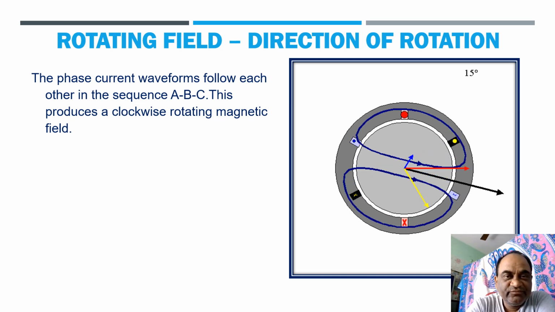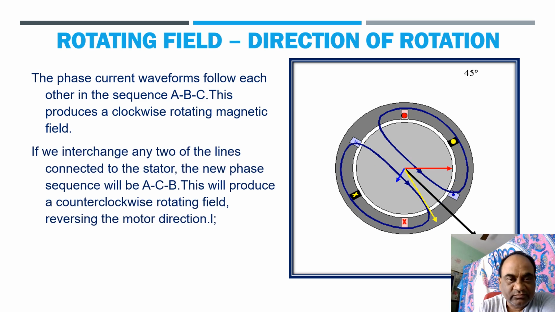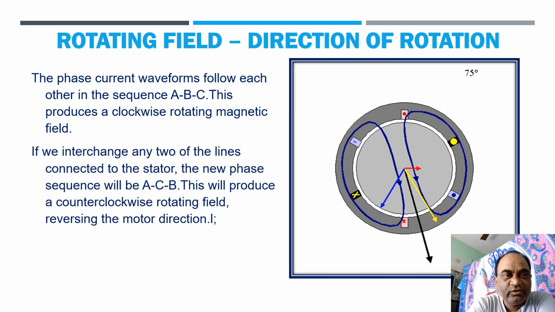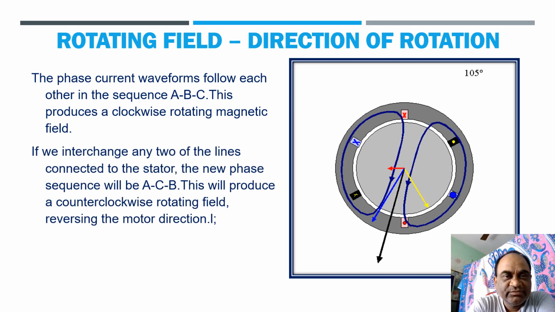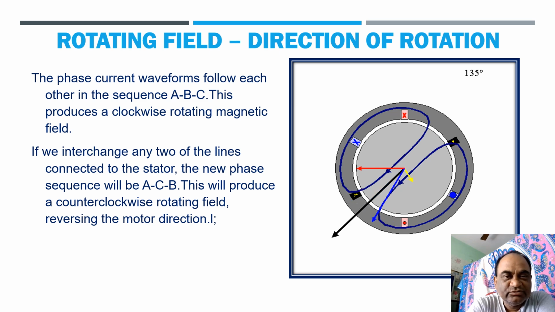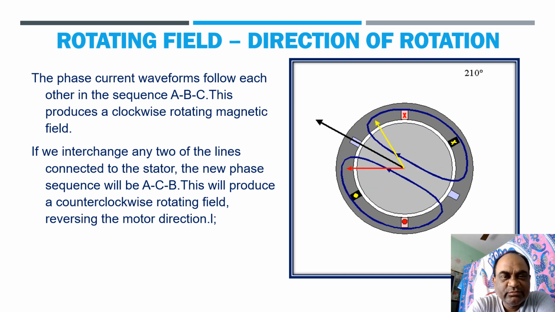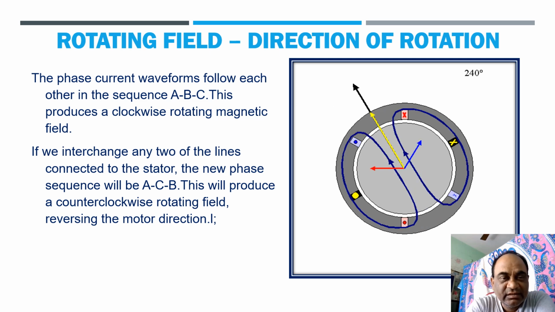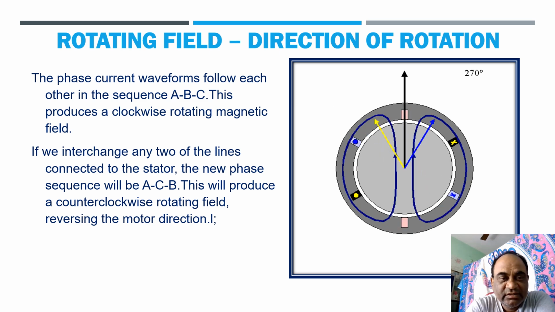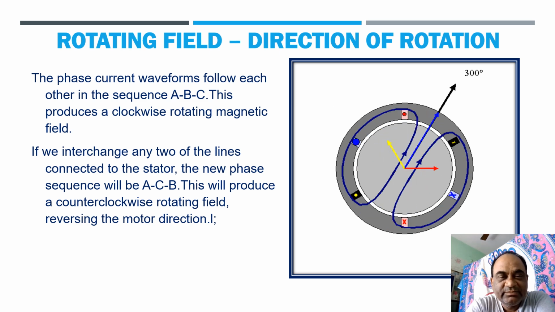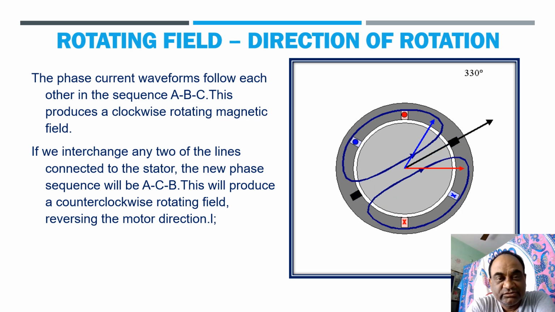The three-phase waveforms follow each other in the sequence of ABC, and that produces a clockwise rotating magnetic field. If we interchange any two of the phases of the line connected to the stator, the new phase sequence will be ACB, and the rotation will be reversed.